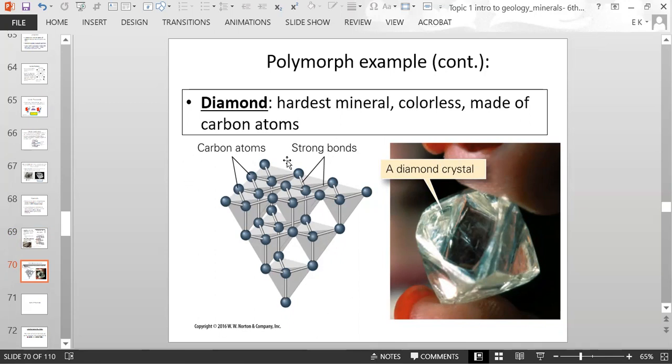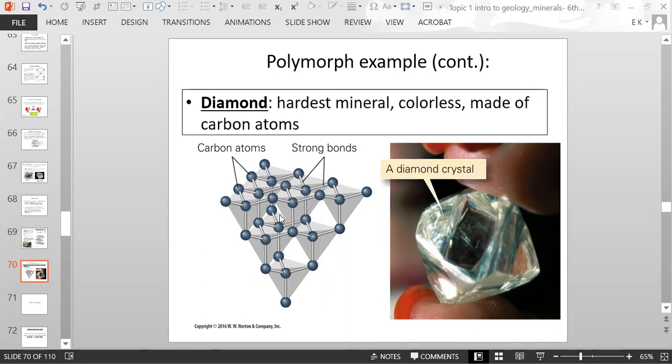So in the diamond, the atoms are all arranged in a really strong, tight-knit structure, really strong covalent bonds throughout. So there's no layers involved here. There's no ionic bonds or van der Waals bonds. It's all just strong covalent bonding. And it has to do with how the mineral forms in the first place, which we could talk about another time.